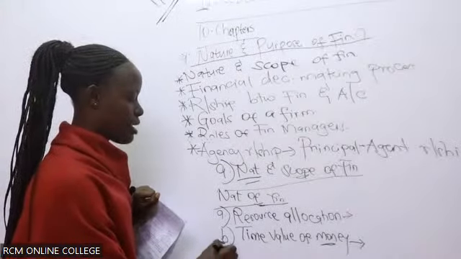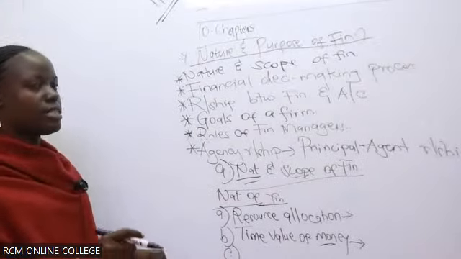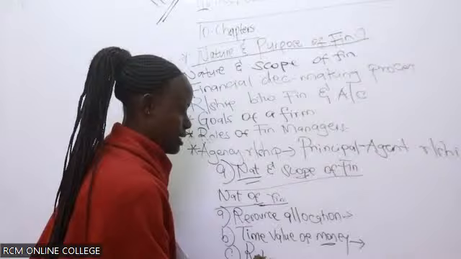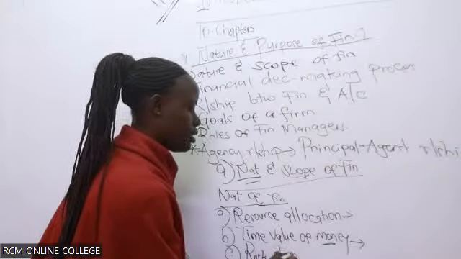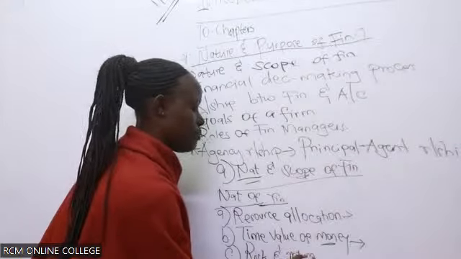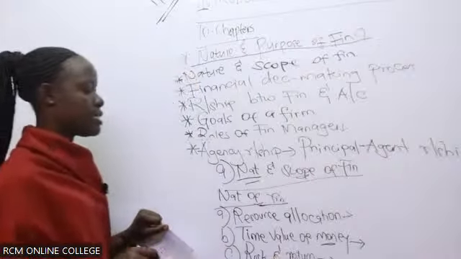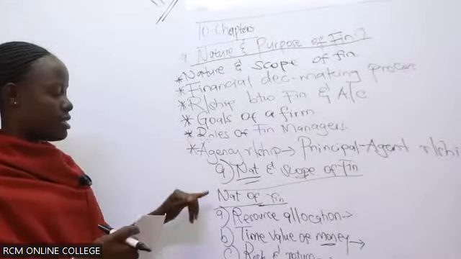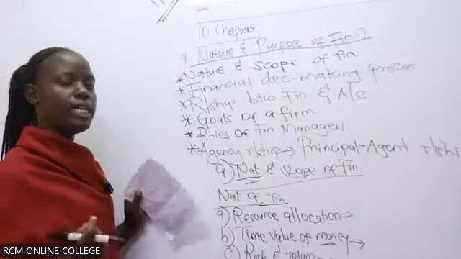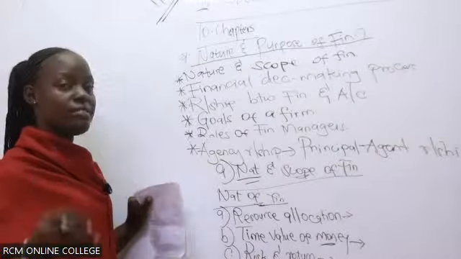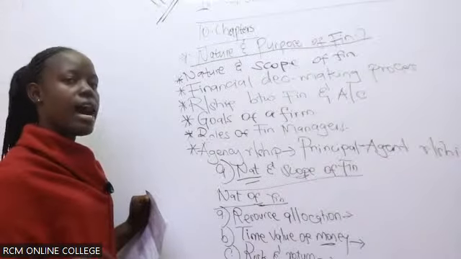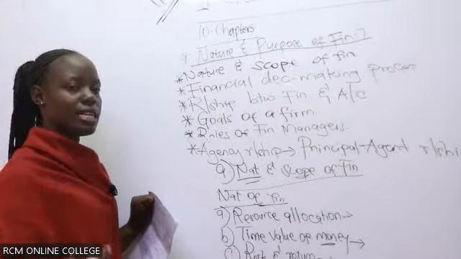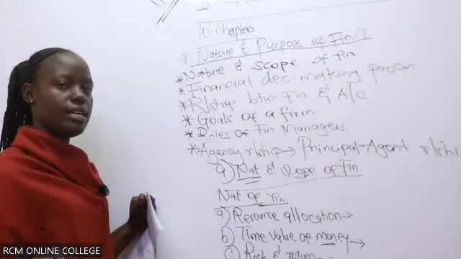Our third aspect or nature of finance, we can look at risk and return. Here, the finance managers will evaluate the riskiness of an investment, and the value that can be generated once they decide to take the risk and invest in the investment.